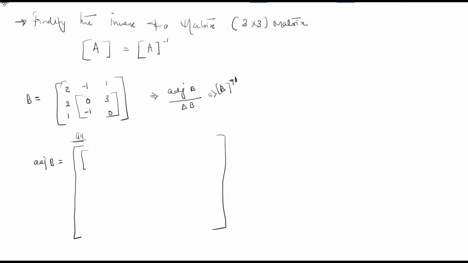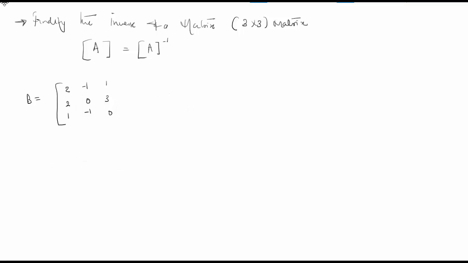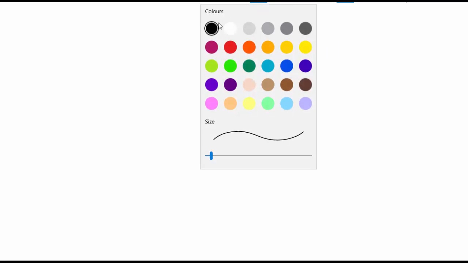Just taking another matrix to solve this. So my matrix B is equal to minus 1 3 minus 1, 1 minus 1 3, and 2 1 4.